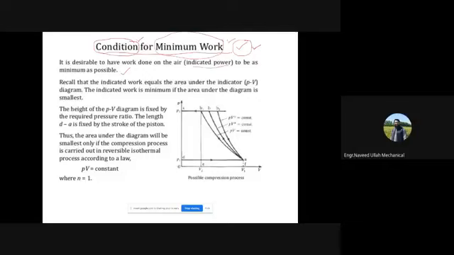They are saying to recall that the indicated work equals the area under the indicator or PV diagram. Previously we discussed this. The indicated work is minimum if the area under the diagram is smallest. It is very simple.